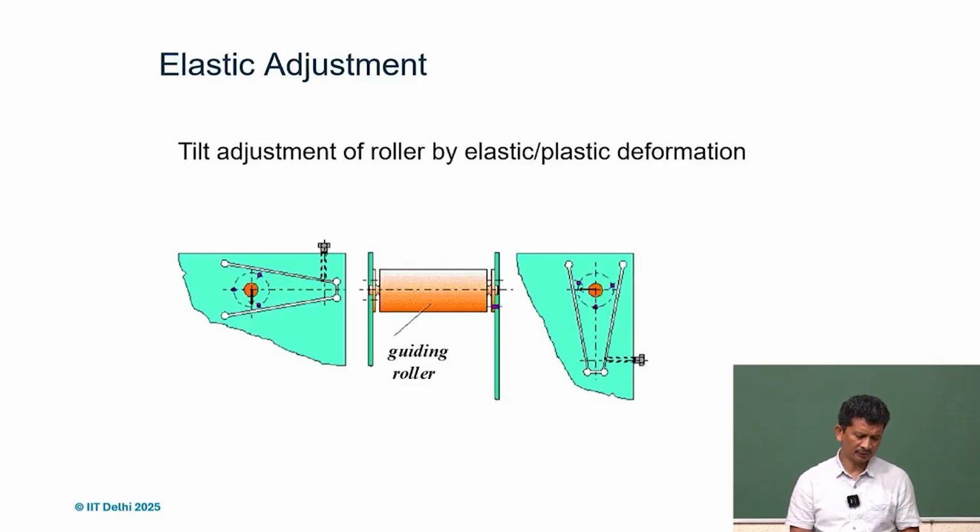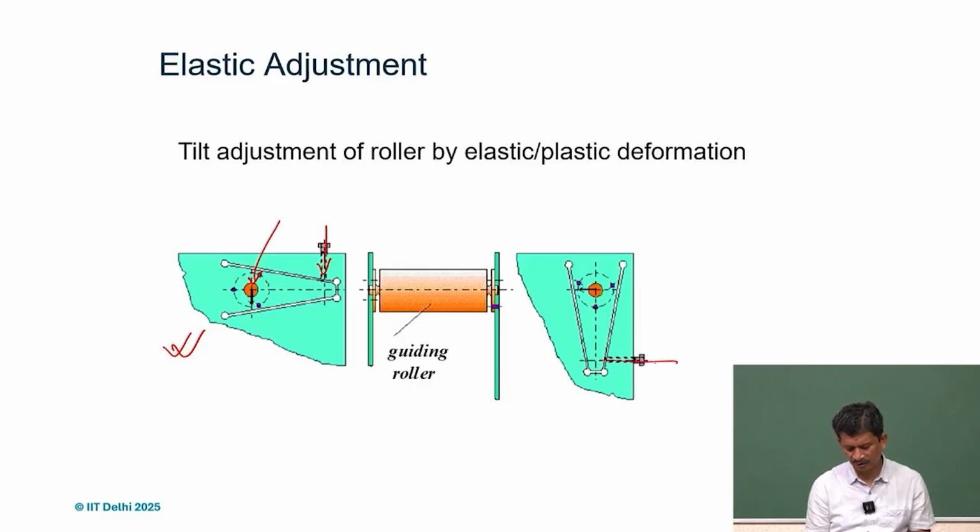How to achieve that? Along one side we can have this adjustment, and the bearing axis here is mounted on a tapered cantilever, and if we adjust it, it moves by a very small amount in the vertical direction. Similarly in the other axis we can do the same.